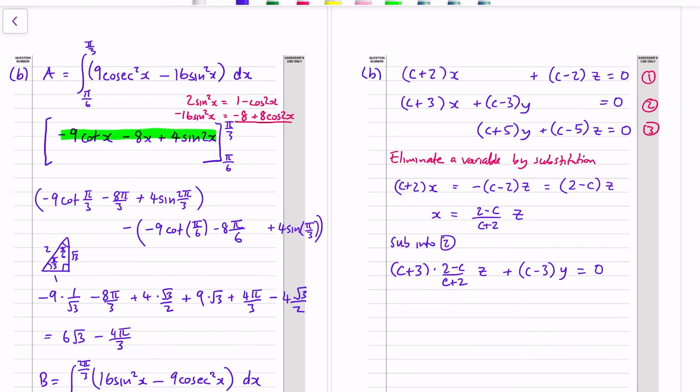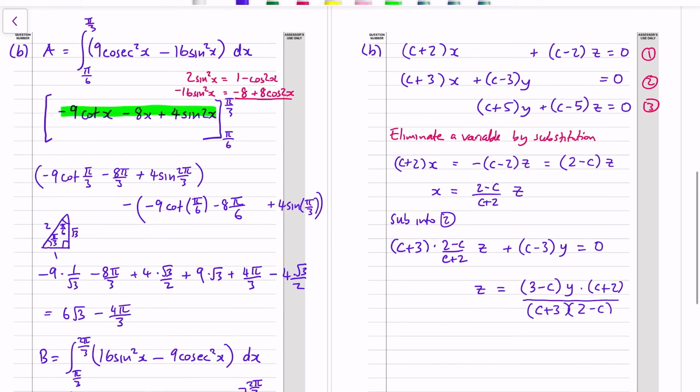And I can get z in terms of y there. Moving the c minus 3 all times y to the other side will become 3 minus c times y, times by c plus 2, divide by c plus 3 and divide by 2 minus c, and that's my z in terms of y.